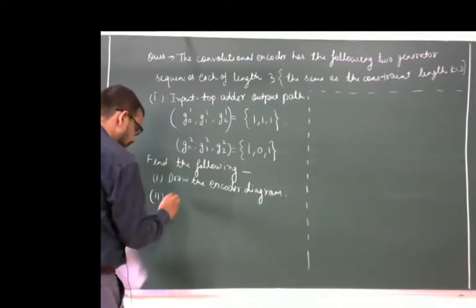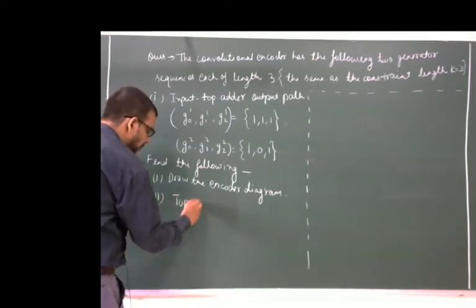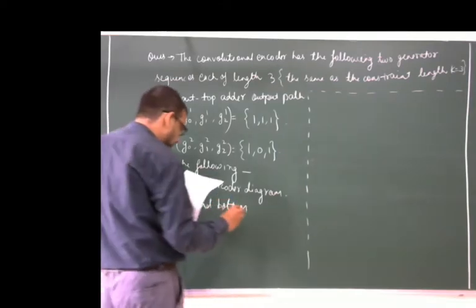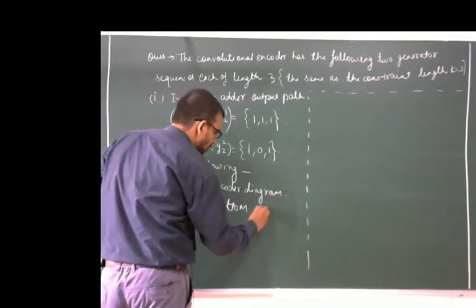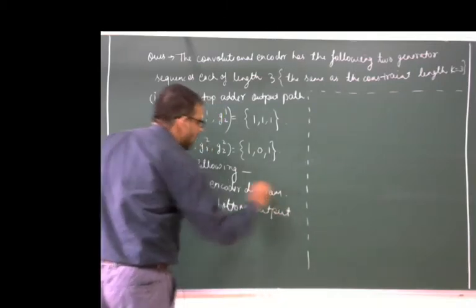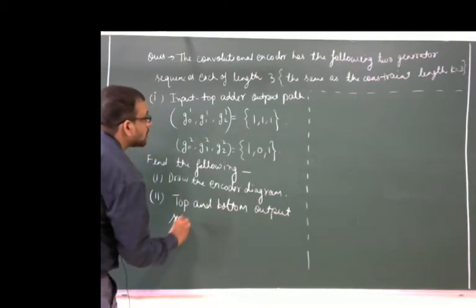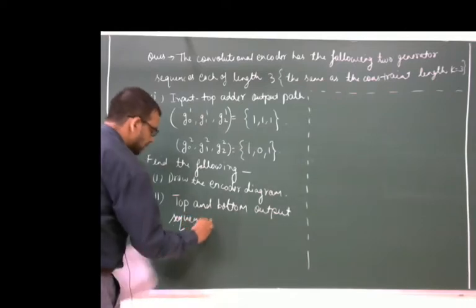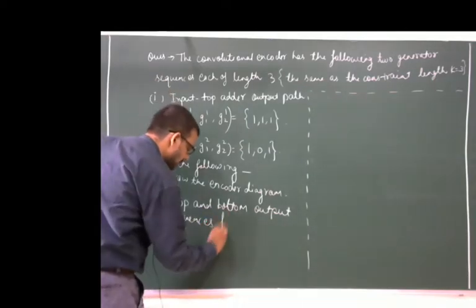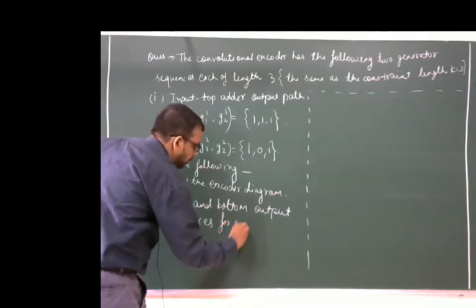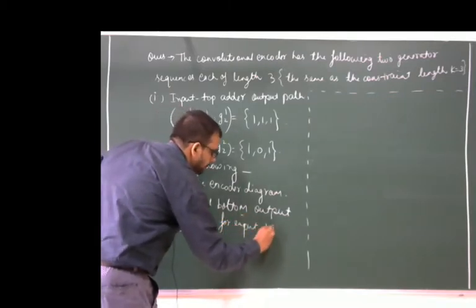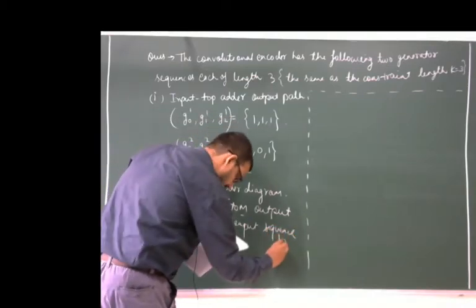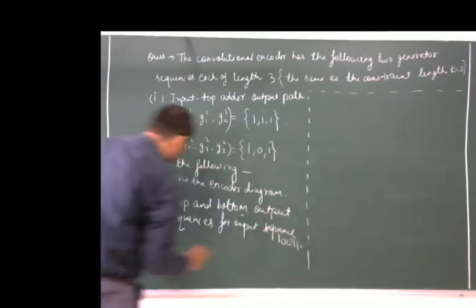Second one, top and bottom output sequences for input sequence 1, 0, 0, 1, 1.